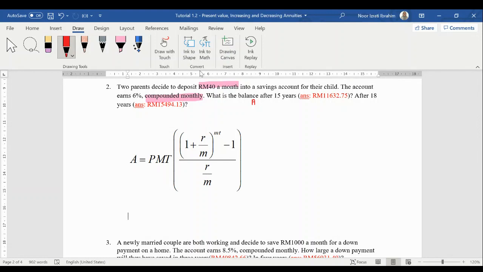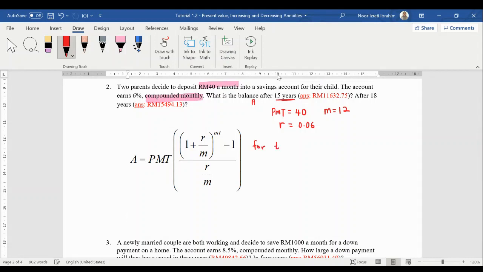So let us take out the information. PMT equals 40 ringgit. Interest rate 6%, 0.06. Compounded monthly, M equals 12. And T, there are two questions here. The first one, 15 years.